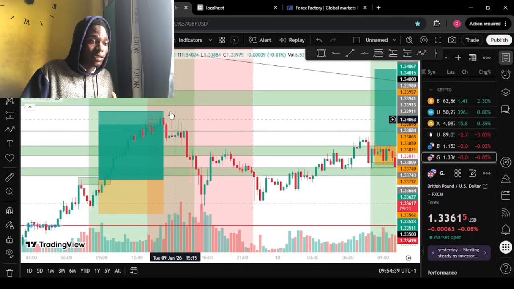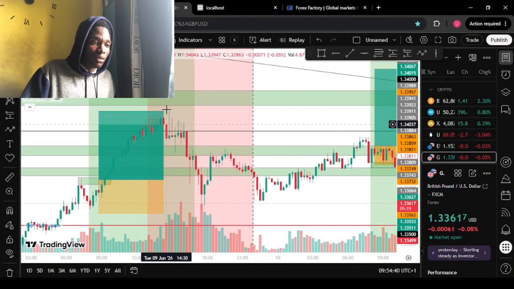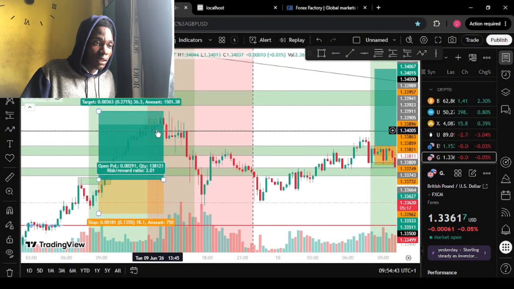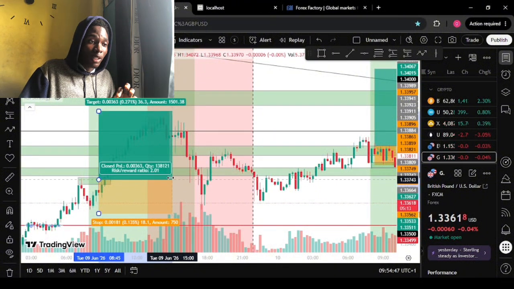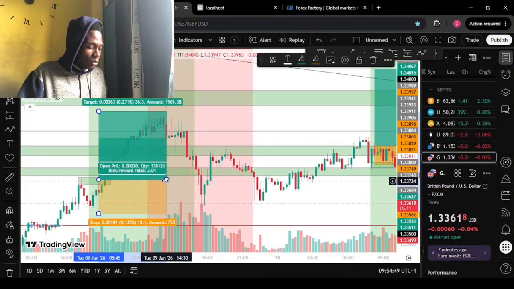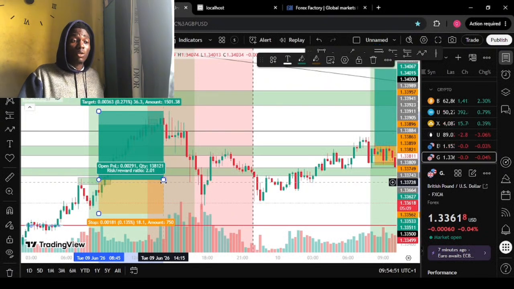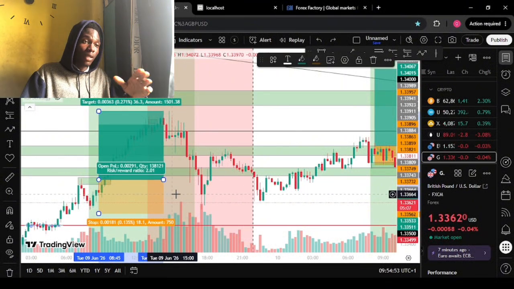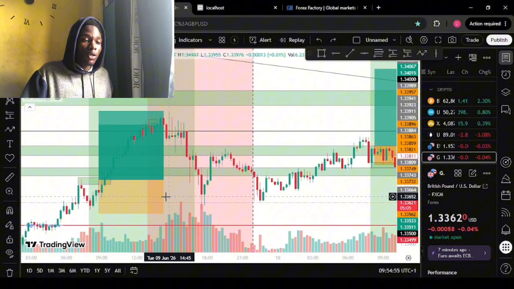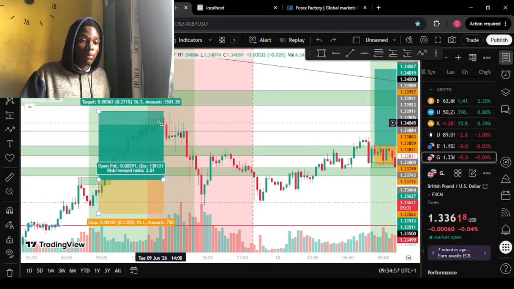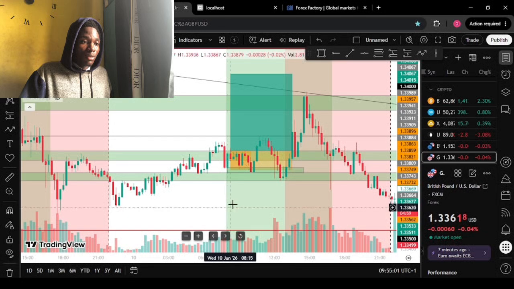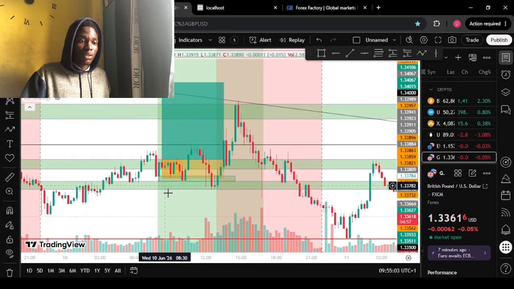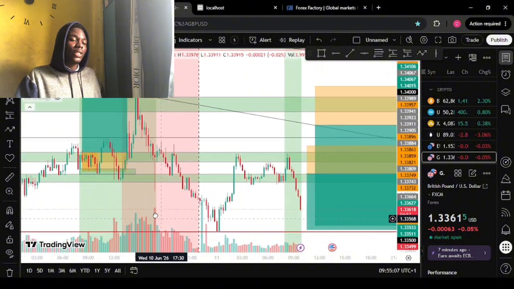Eventually it would have hit my take profit with just a pinch, but probably it might not have even hit it, probably because of the cost of spread, so I closed out manually on this trade. And this trade as well, this one actually came back to a stop loss, and then we're having this trade which is playing out currently.